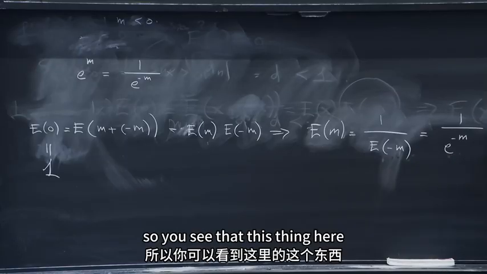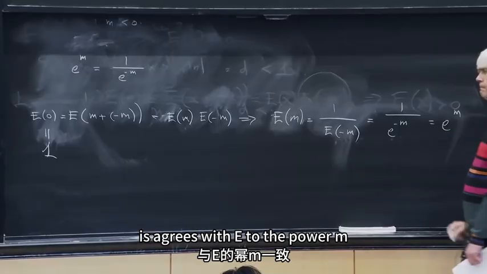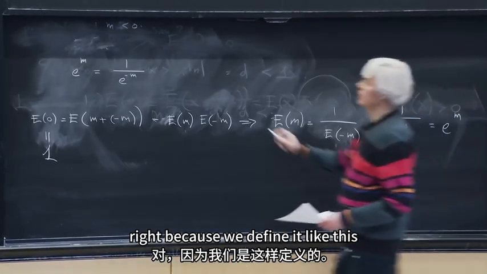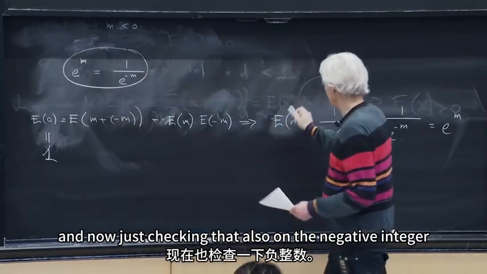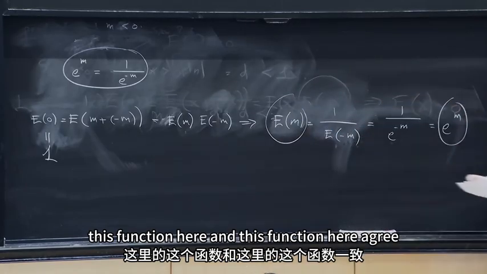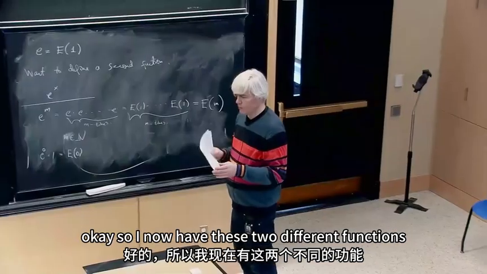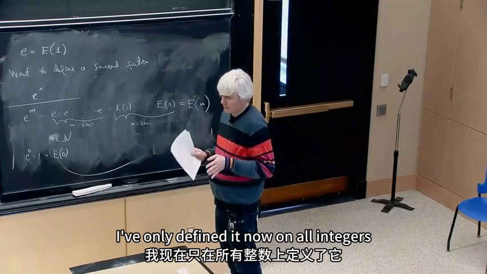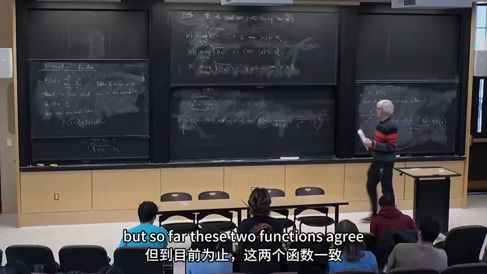So you see that this thing here agrees with e to the power m, right? Because we defined it like this, and now I'm just checking that also on the negative integers, this function here and this function here agree. Okay, so I now have these two different functions. Well, one I haven't really defined yet. I've only defined it now on all integers. But so far, these two functions agree.